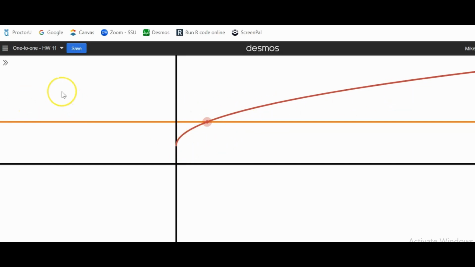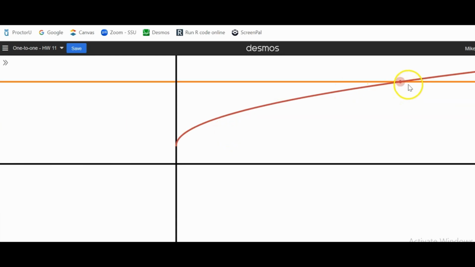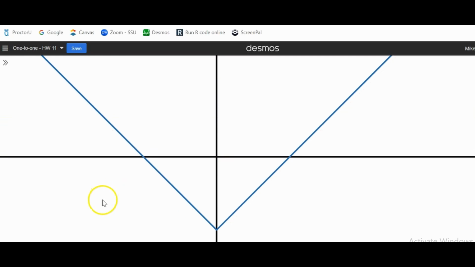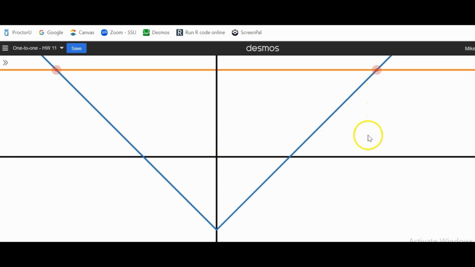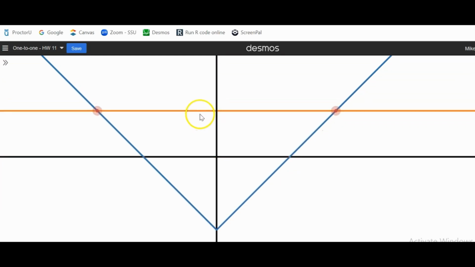And as we move from here to here to here, it's still only crossing over this graph at 1 point at a time, and therefore the graph of this function is one-to-one. But now look at this absolute value function. You can see that the horizontal line almost always is crossing over at 2 different points at any one time, and therefore this absolute value function is not one-to-one.